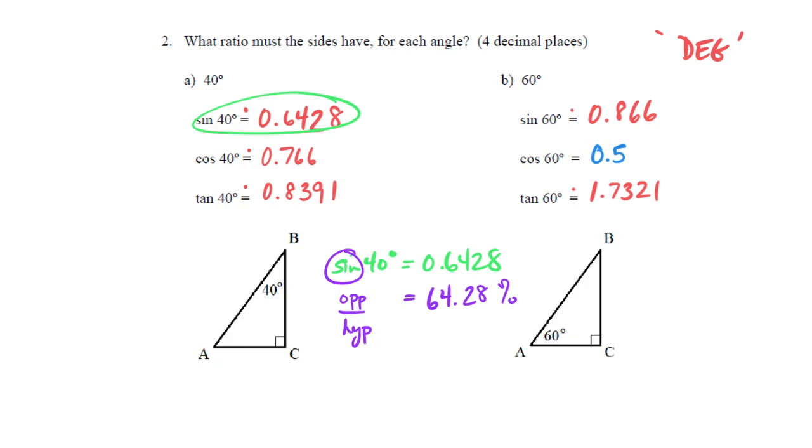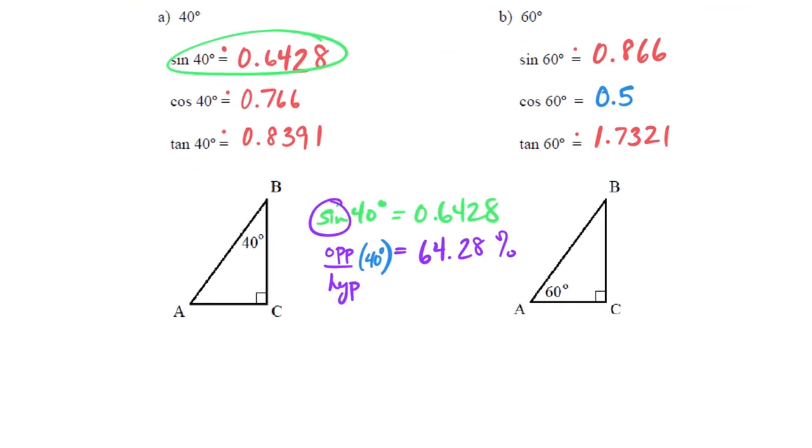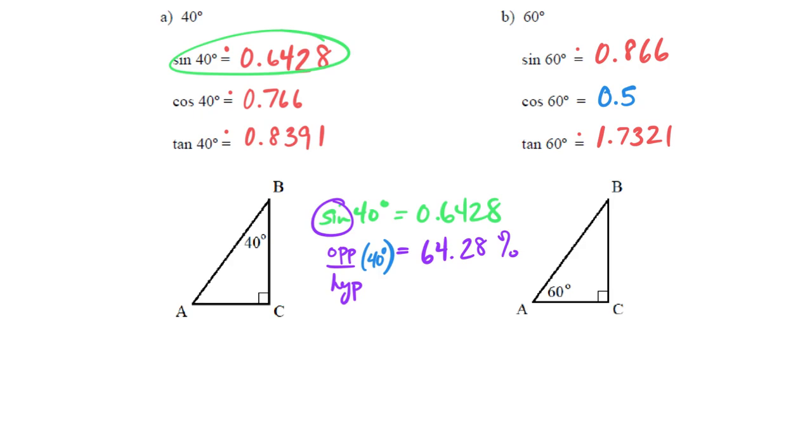Then what that tells me is the opposite side divided by the hypotenuse for a 40-degree angle gives me 64.28%. We might be starting to see how important that is. If I go one more step, if I took that purple equation and ignored the 40, let's take that as a given. We're talking about a 40-degree angle. We can see it on our diagram.